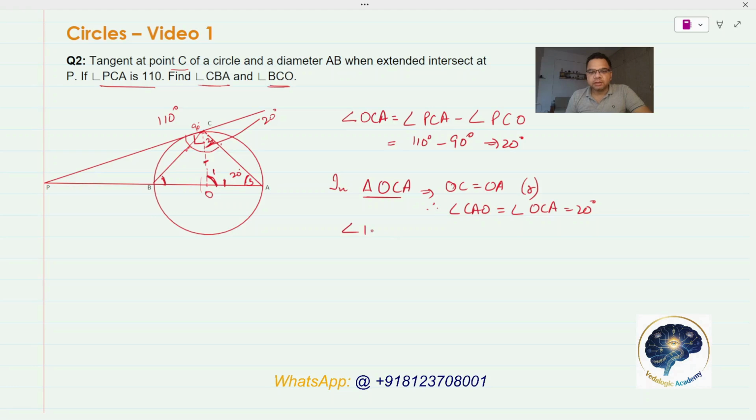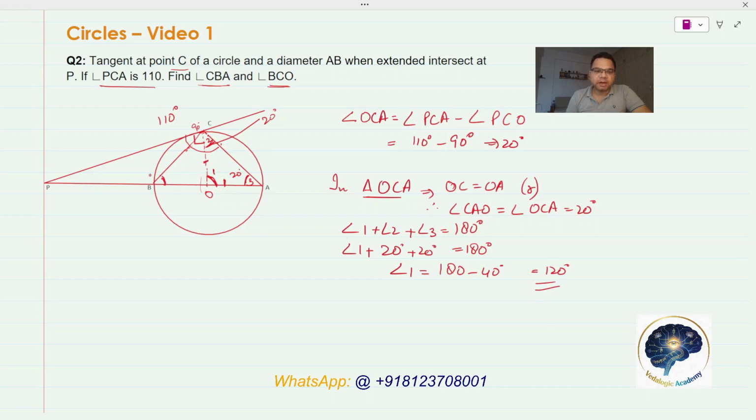So angle 1 plus angle 2 plus angle 3 is 180, right? We don't know angle 1, but angle 2 and angle 3 are both 20 degrees. Now I'll just add and subtract it from 180. So angle 1 becomes 180 minus 40, which is 120 degrees.